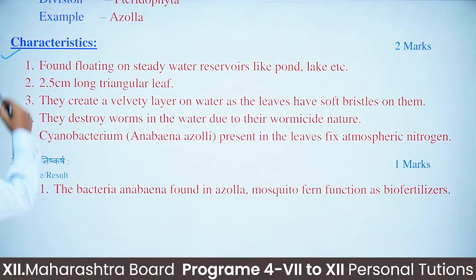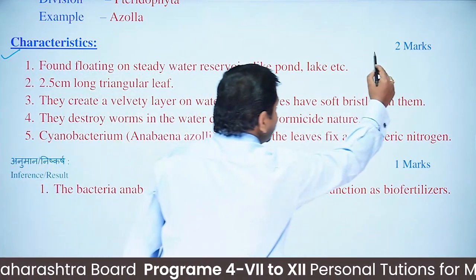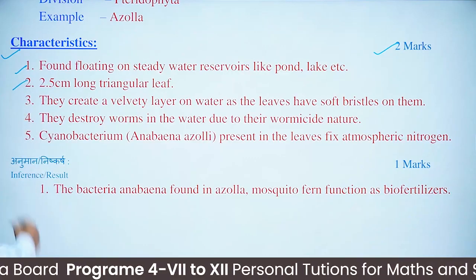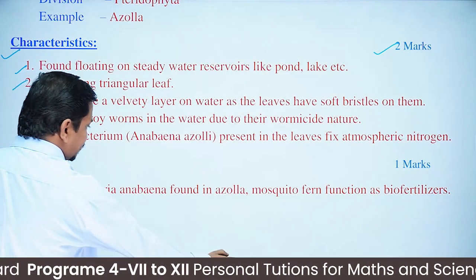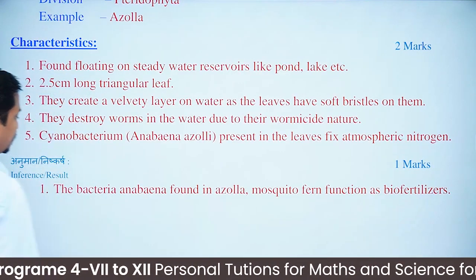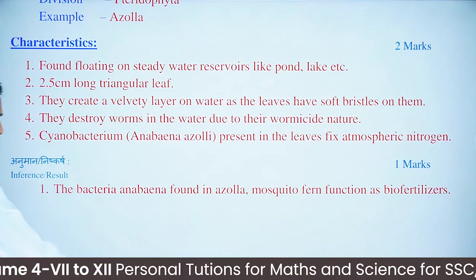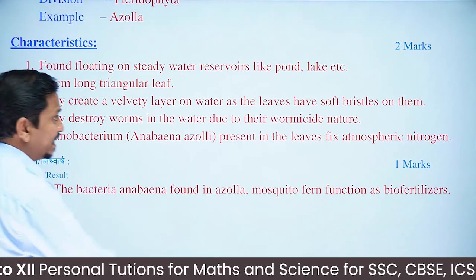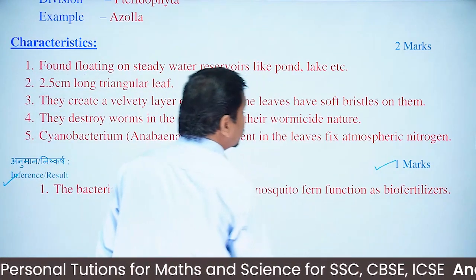For writing the characteristics, you will get 2 marks. For writing any 2 points, you will get 2 marks. And for the conclusion, you will get 1 mark.